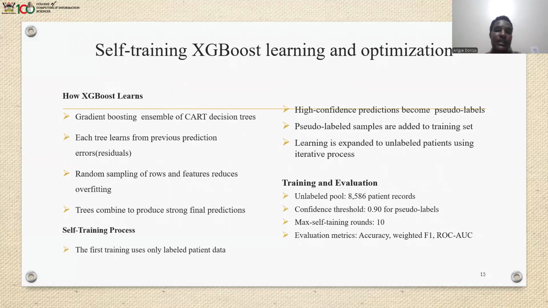These are treated as pseudo-labels and added to the training data. This process is repeated for several rounds. And here the key hyperparameters include the learning rate, the tree depth, the number of estimators, and the confidence threshold. This approach allows the model to safely expand its training data.